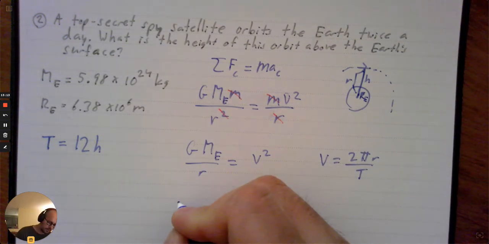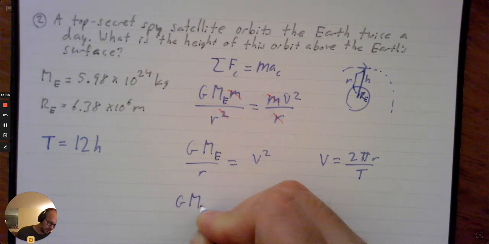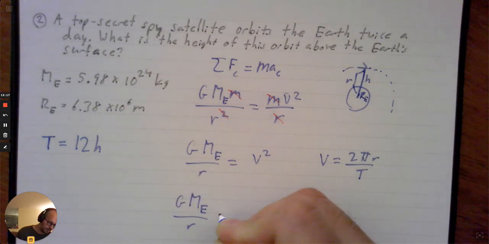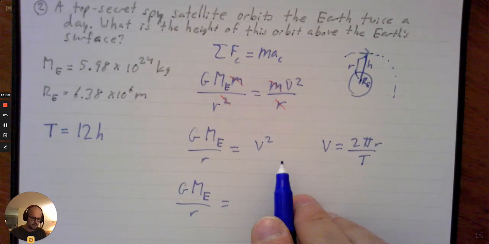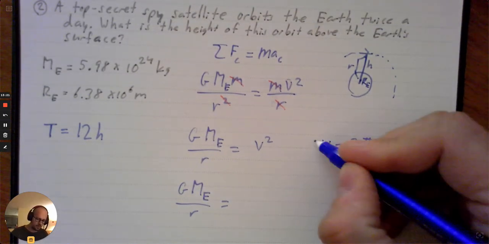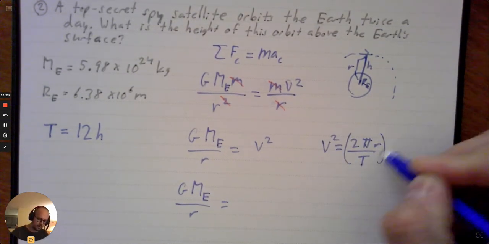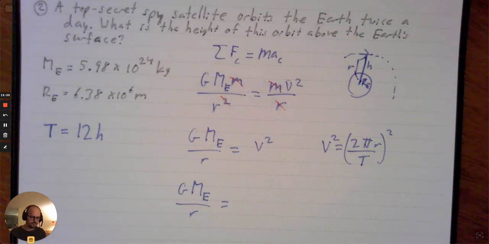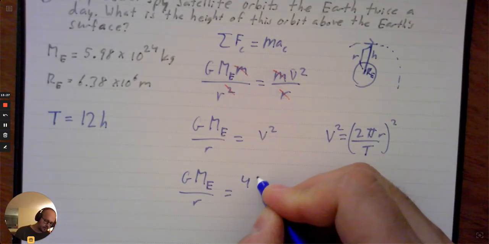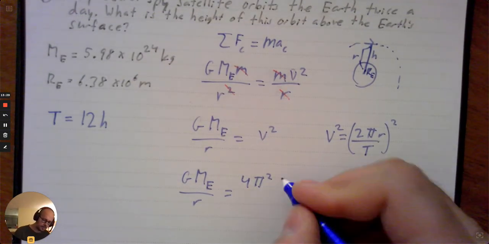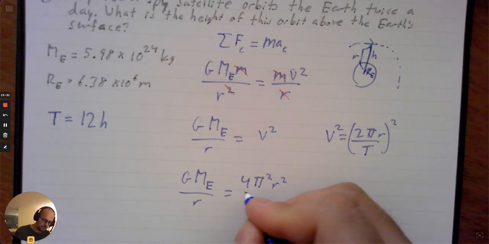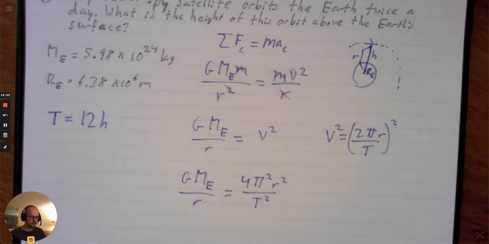So it gets really messy right here. GME over R equals V squared, so I have to square all of that. I get 4 pi squared R squared over T squared. And I can organize this if I want.